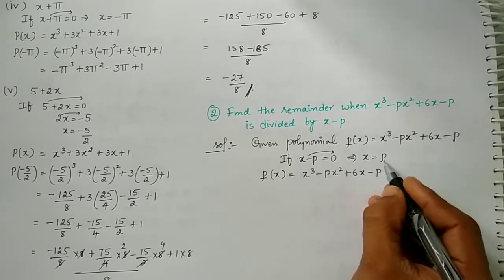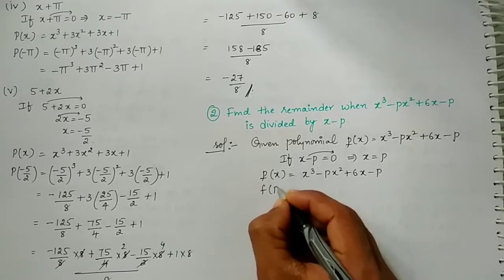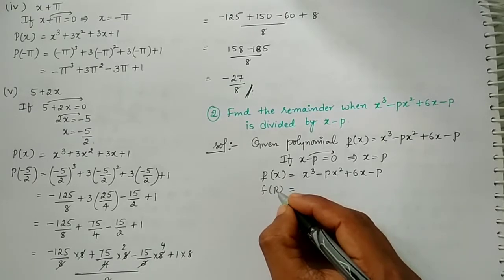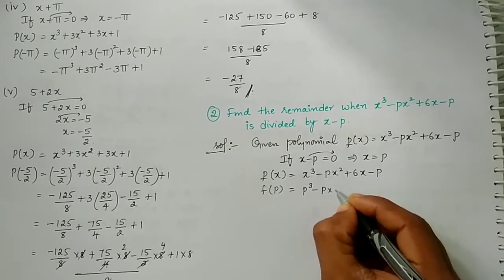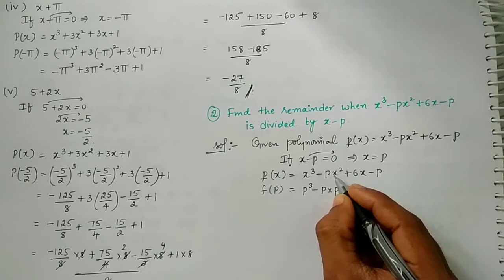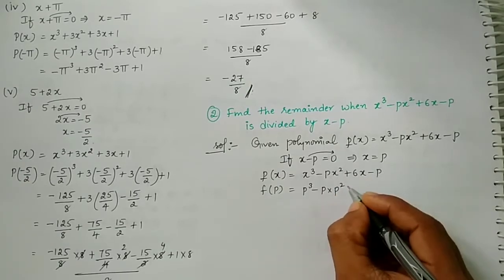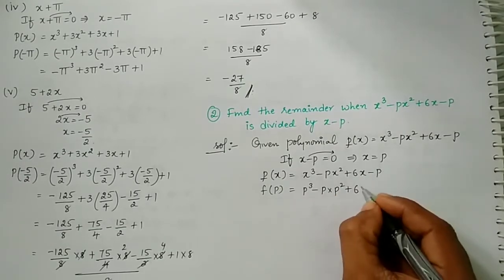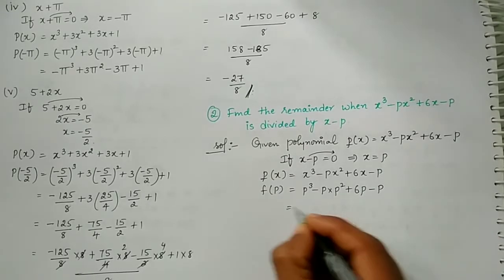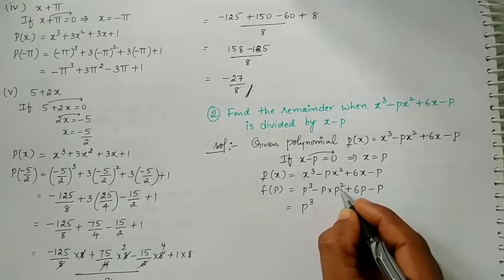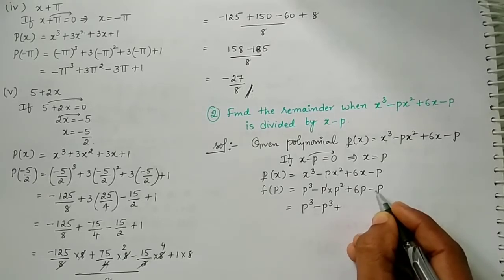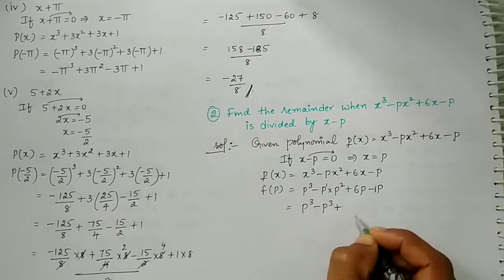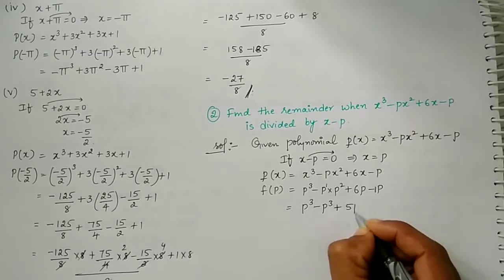Substituting x equals p, f of p equals: in place of x substituting p, p cubed minus p into p squared, plus 6p minus p. p into p squared, that is p power 1 into p squared, we get p cubed plus 6p minus 1p. 6p minus 1p is 5p.